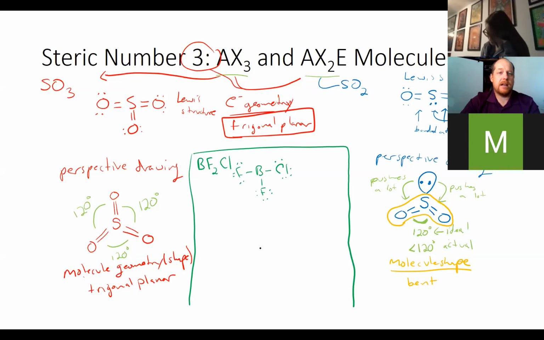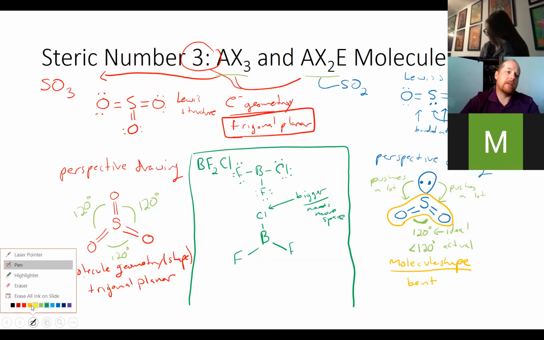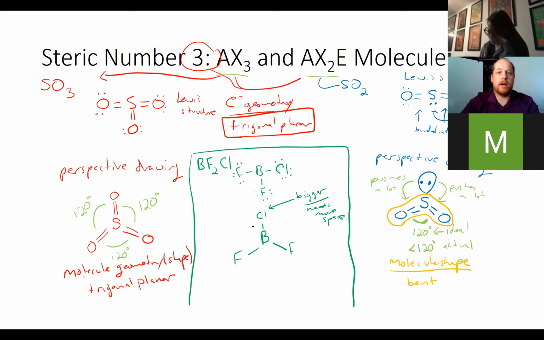Now, if you were to look at the perspective drawing of this, the boron in the middle, and the chlorine, I'm going to put that there, and the fluorine there, and the fluorine there. Something to think about is the chlorine is a much bigger atom than the fluorine, right? So it needs more space. And so if we were going to look at the bond angles on this, you could look at the bond angle between the chlorine and fluorine, right?